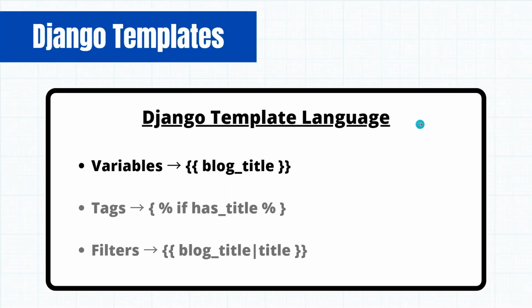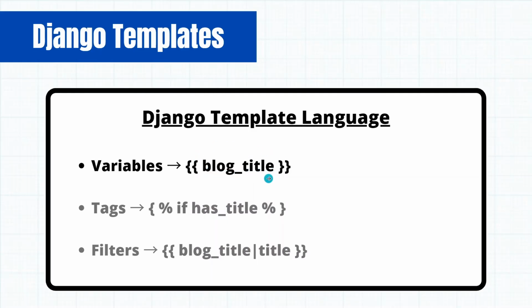And these Django templates have what is called a Django template language. And they give you access to a number of tools that really supercharge these HTML files. So one of them is the ability to add variables. So to use variables, you can type 2 curly brackets and then the name of the variable. So in this case, blog underscore title.